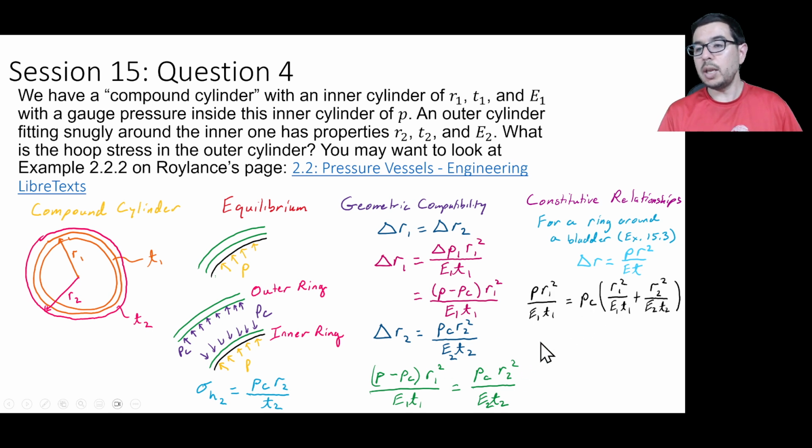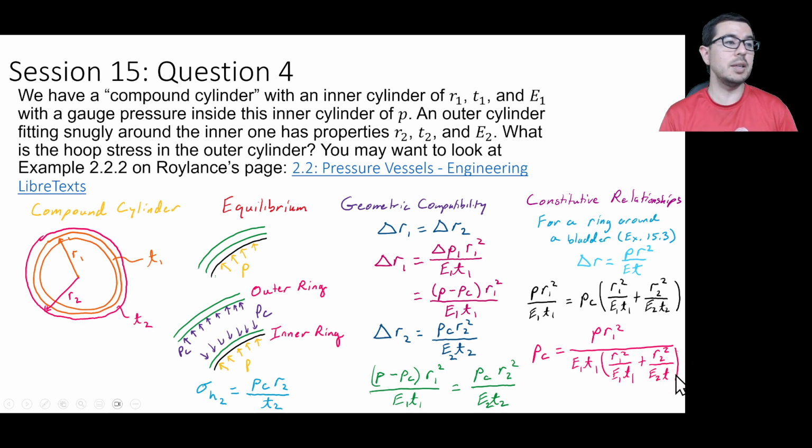So let's go ahead and break things down, do a little manipulation here, right? We can move this PC over to the right side, but it's got an E1 T1 in the denominator for it and an R1 squared. We can then just divide both sides by this quantity in the parentheses, and we get that PC is equal to P R1 squared over E1 T1, times the quantity R1 squared over E1 T1 plus R2 squared over E2 T2, and then the inverse of that quantity in the denominator.